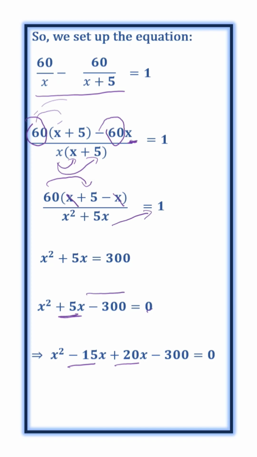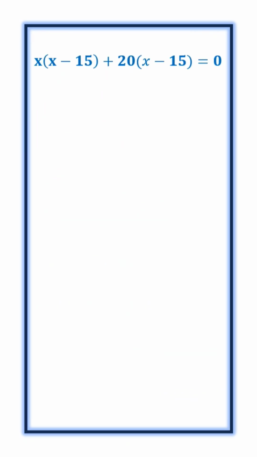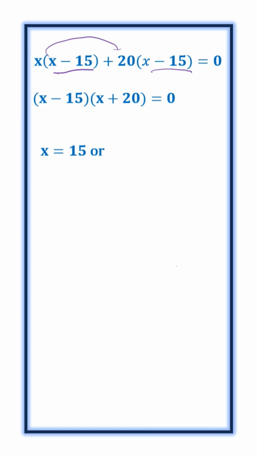Now group, here x is common, here 20 is common. So x into x minus 15 plus 20 into x minus 15 is equal to 0. Now x minus 15 common into x plus 20 is equal to 0. So x is equal to 15 or x is equal to negative of 20, be careful.